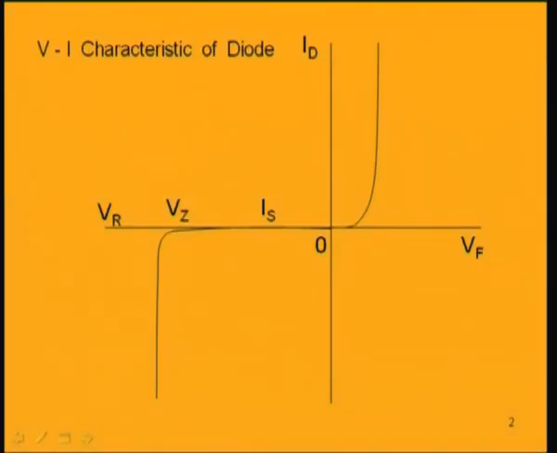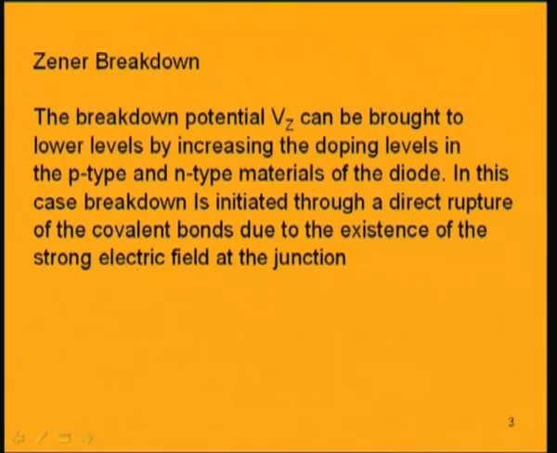Now, this Zener breakdown will have a sharp rise of the reverse current in the diode. That means this current will suddenly and very sharply rise after crossing this Zener breakdown voltage Vz. The major reason for the Zener breakdown is the rupturing of the covalent bonds.